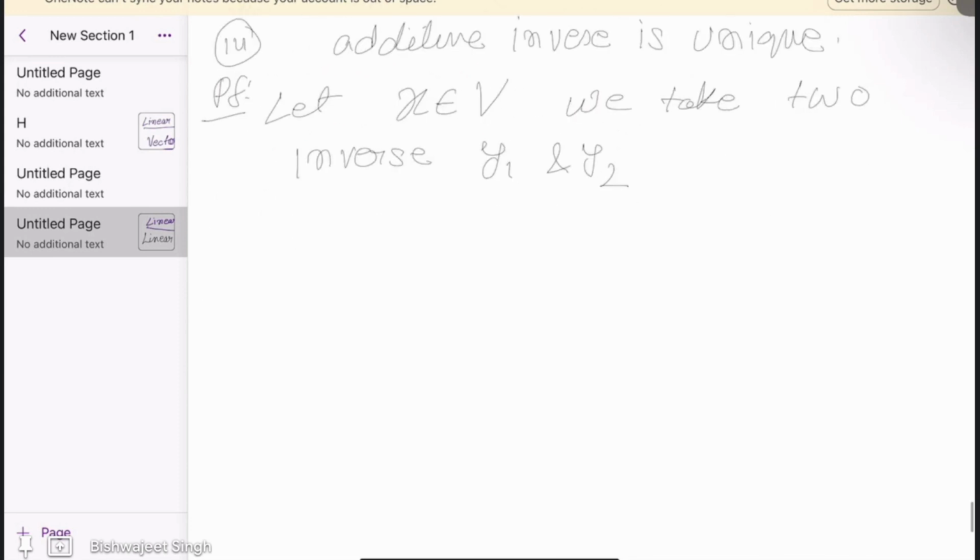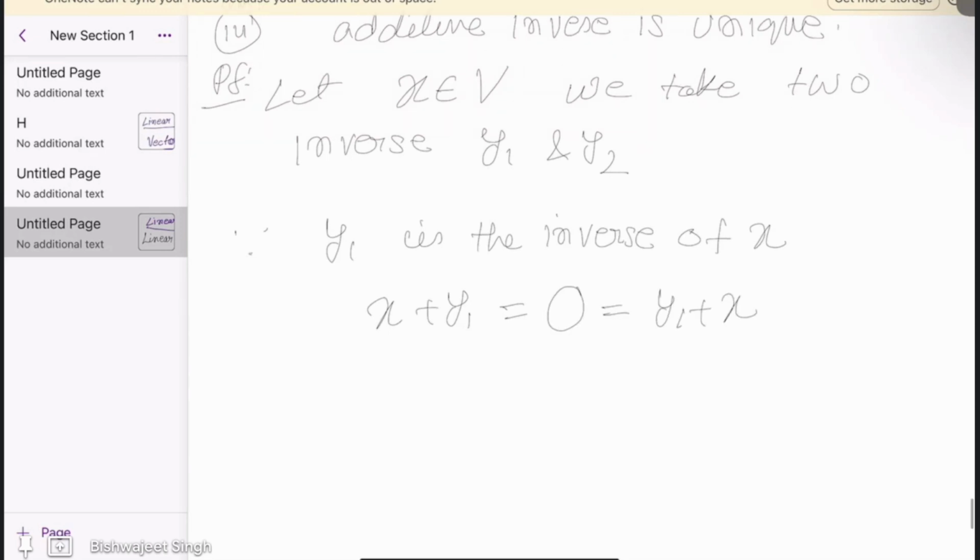Now since y1 is the inverse of x, it implies that x plus y1 is the 0 vector, which equals y1 plus x. This is by definition of the inverse.